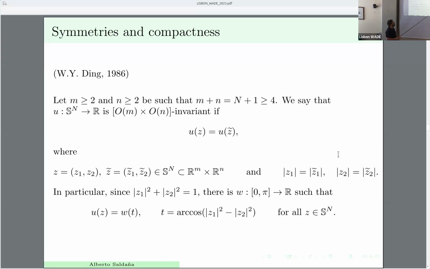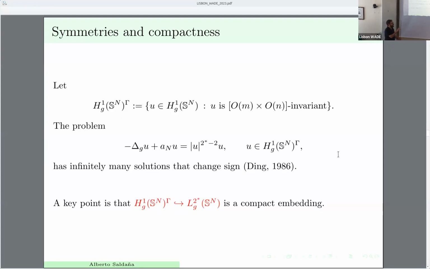The final product of all this construction is that functions that have the symmetries are one-dimensional. So they are not radially symmetric. Well, we are in the sphere, but they only depend on one parameter, and this one parameter can be, for example, expressed like this. All right, so with the Ding construction, we reduce the complexity of these elements to just things that are one-dimensional. So we can now consider the Sobolev space of all the elements that have this symmetry.